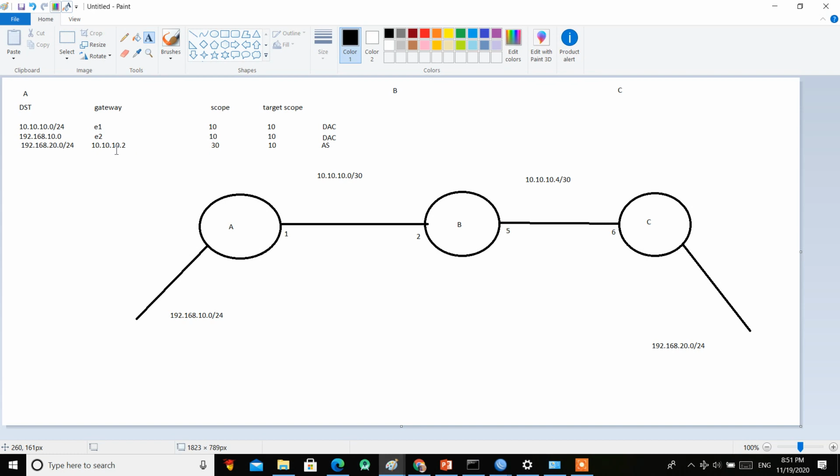The router does not know where the gateway is. So to find the gateway, the router checks the target scope. 10 means it's a connected route. So the router goes to the connected routes and looks for 10.10.10, finds it, and sends it on ether1. So the router makes its decision based on this algorithm. Okay, understand?